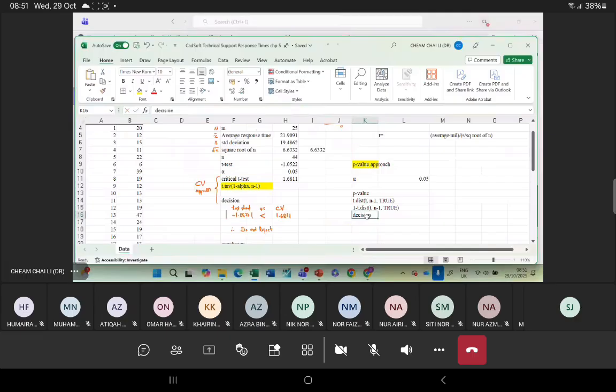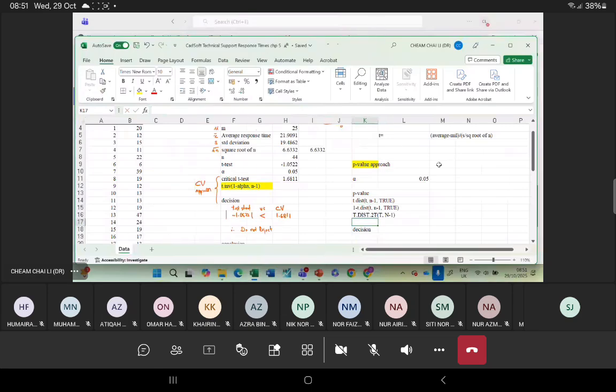Later on I can write it. Okay. If you have two tails in the distribution, you can use this T.DIST.2T, open bracket, t, comma, degree of freedom n minus 1. Yeah, you don't have to write in capital lah, cuma saya tadi activate saya punya capital button.